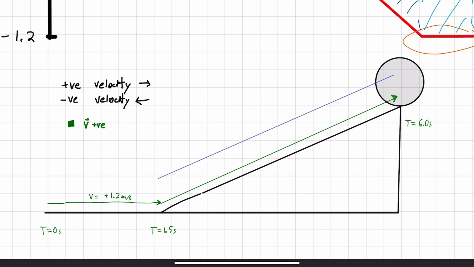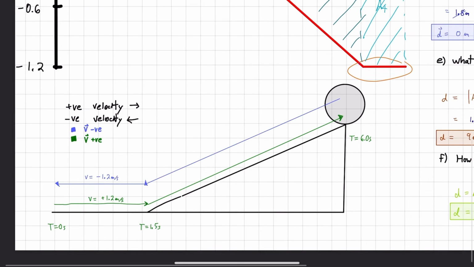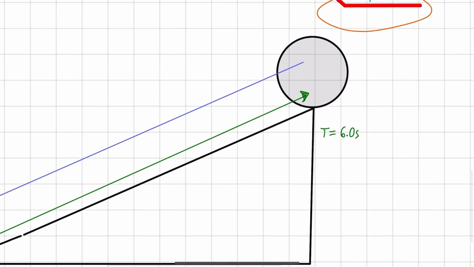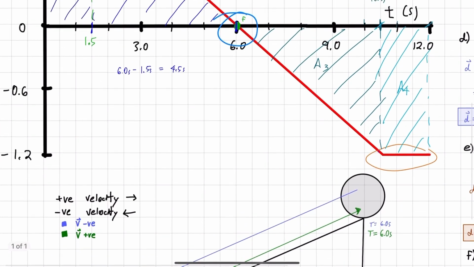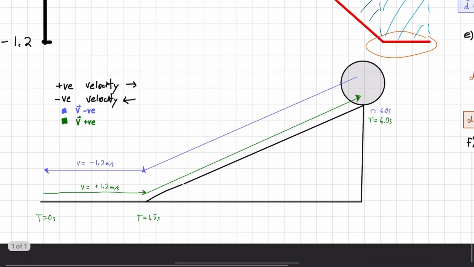Comes down the hill. And then once it reaches the ground again, it rolls across the ground with a new velocity of negative 1.2 meters per second. And that occurs from time equals 6 seconds. And it reaches the bottom of the ramp at this point here. Time equals 10.5 seconds.